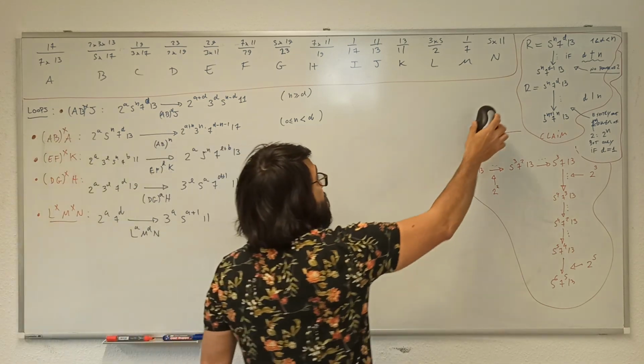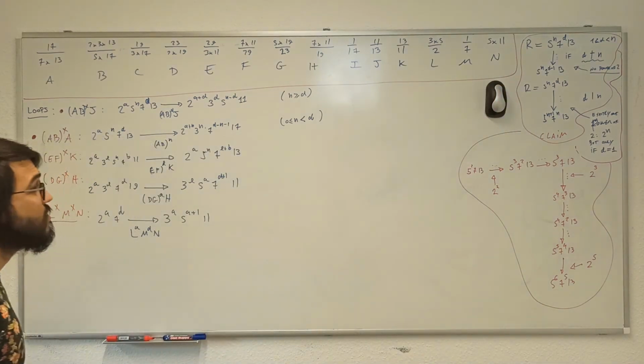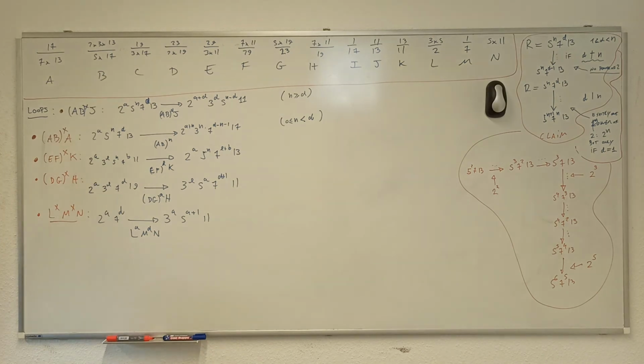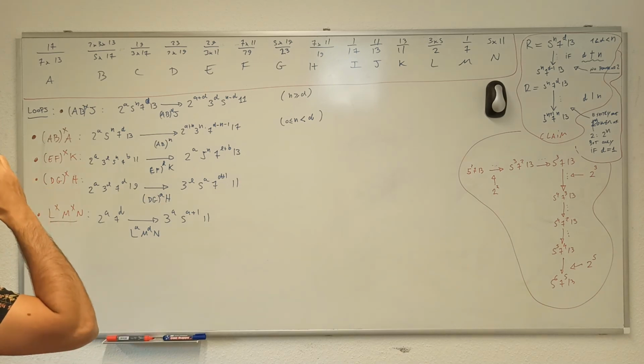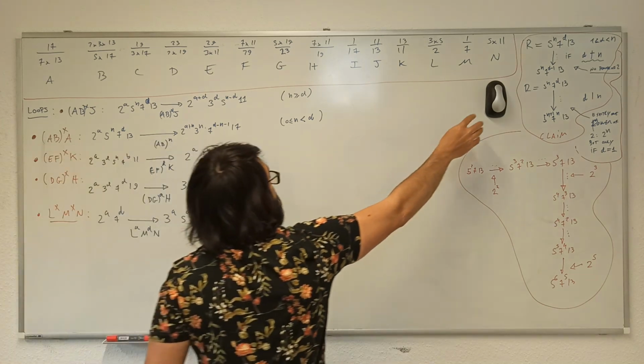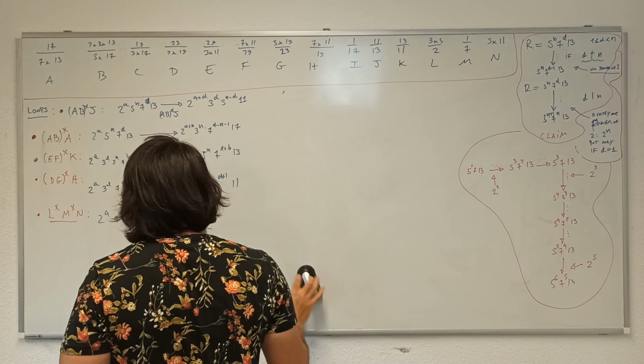We just have to show that this claim is true. So maybe I should do this computation. I have like 1, 2, 3, 4 lines. So maybe I should do where we can do this here. Just erase this part.